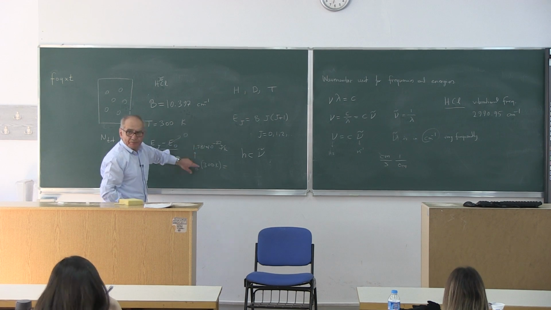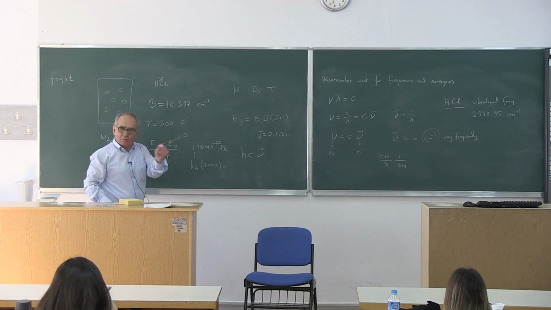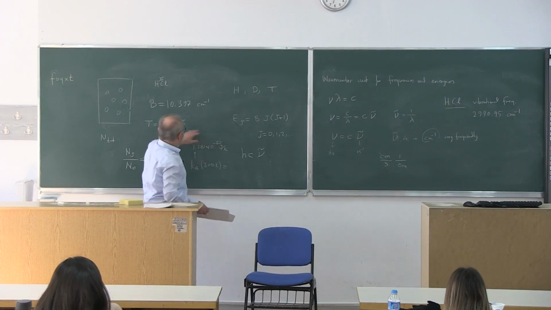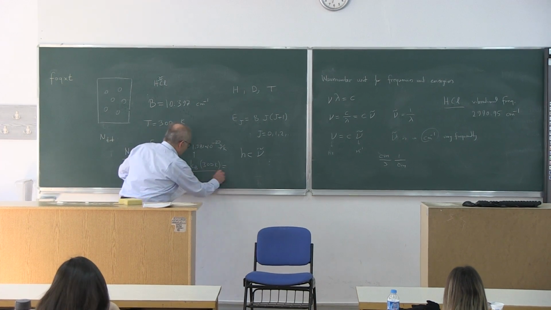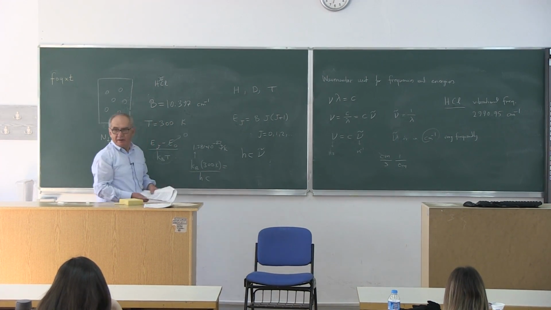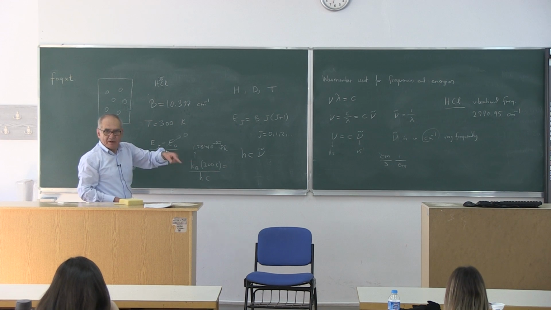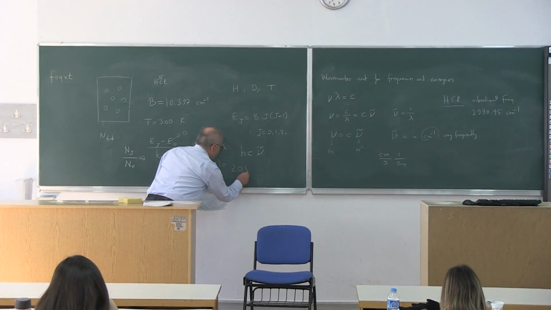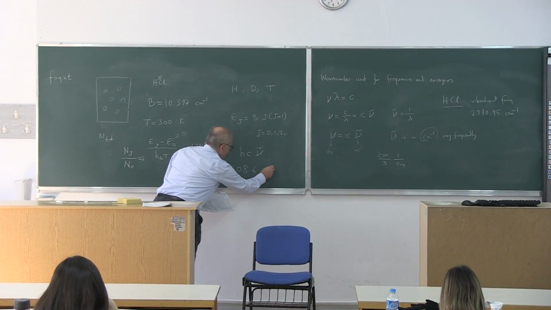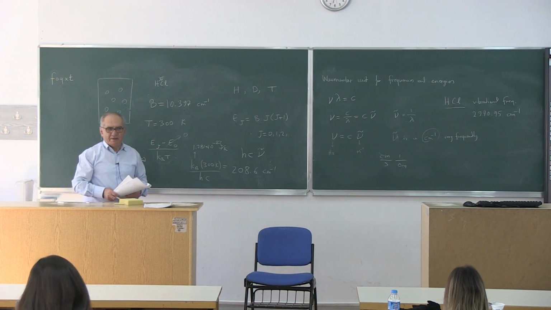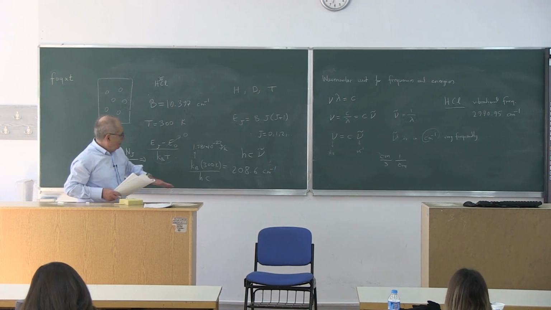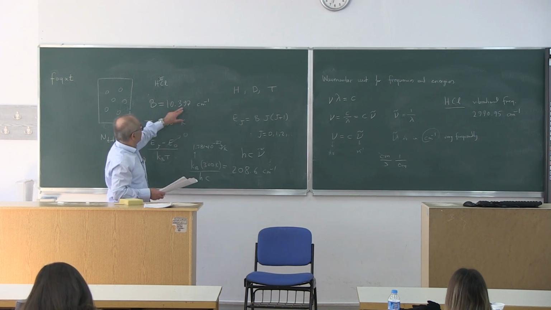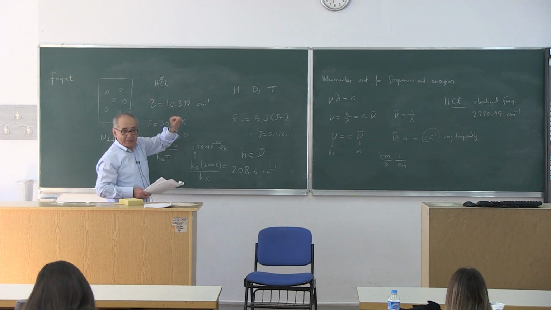If you multiply, you will obtain this number in joule units. To convert it into wave number unit, just divide this by h times c, and when you do this, you get 208 wave numbers. Energy, wave number as energy, and this is also wave number as energy.